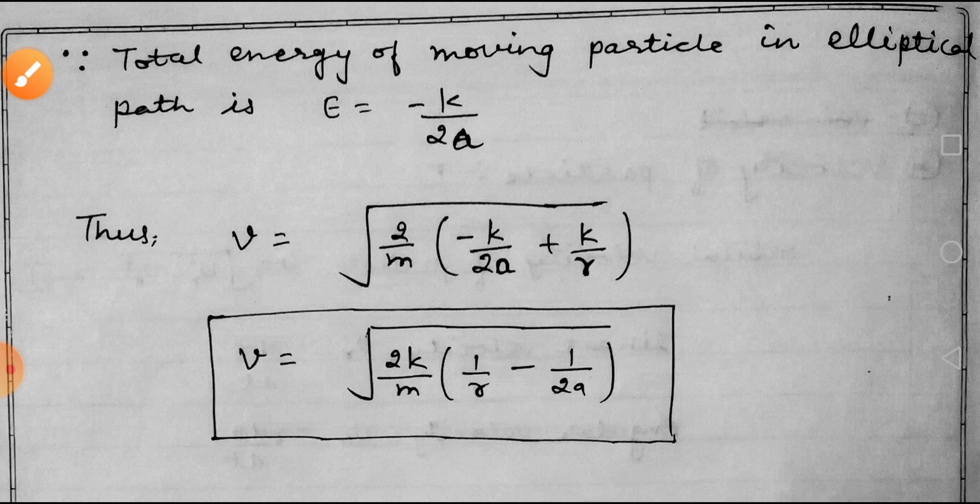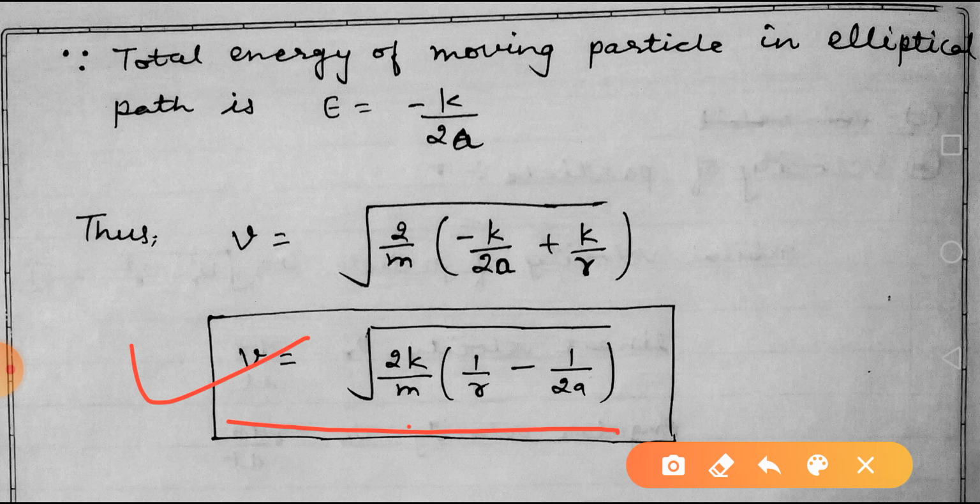Put this value, then we get v is equal to root of 2 upon m times minus k upon 2a plus k upon r. We take common k, then velocity is under root 2k upon m times 1 upon r minus 1 upon 2a. And energy is E is equal to minus k upon 2a.